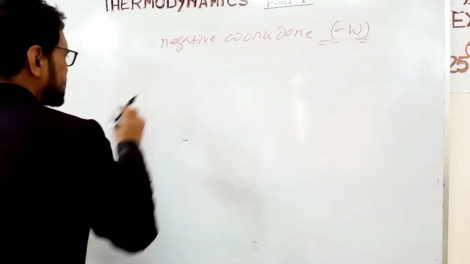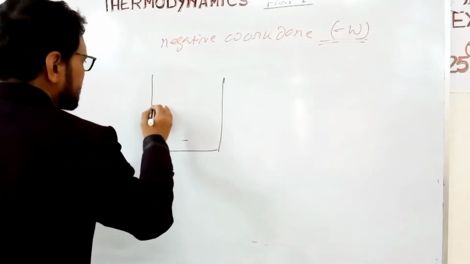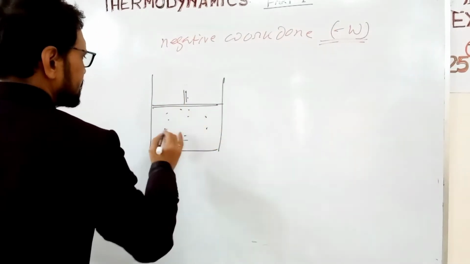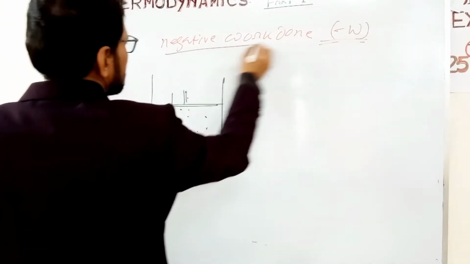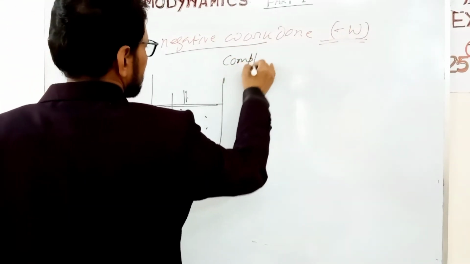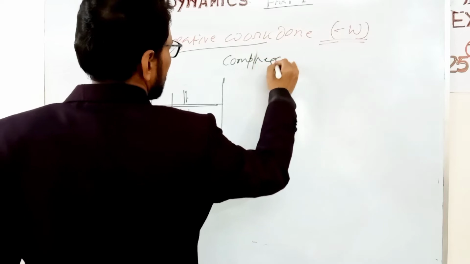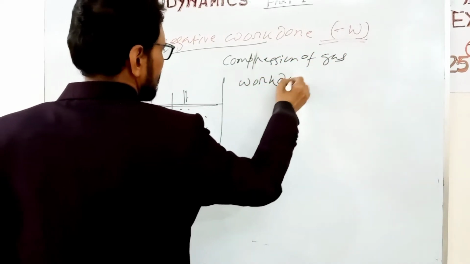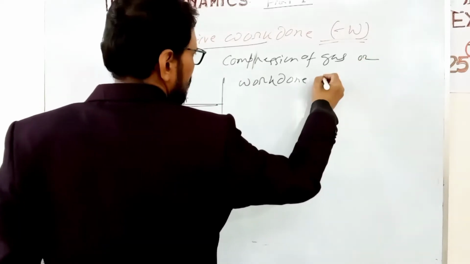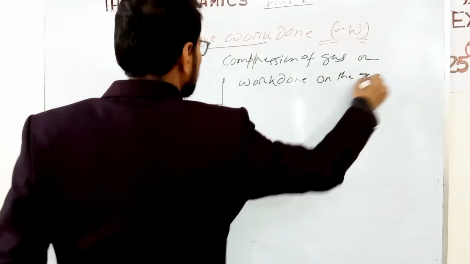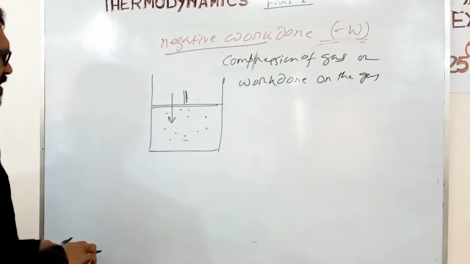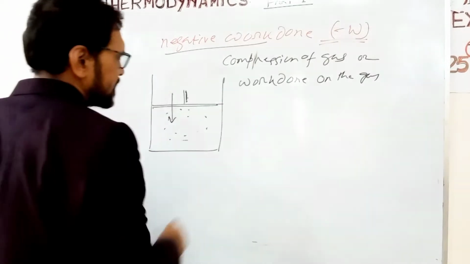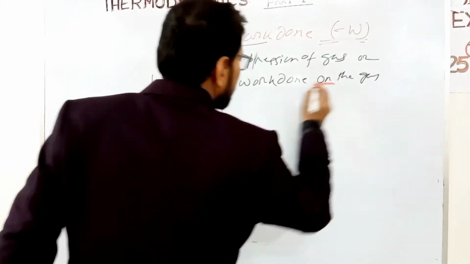What is negative work done? Suppose this is a cylinder and this is a piston, and when we compress the gas, that is compression of gas, that is work done on the gas. When we compress the gas, some external force is applied on the gas; it is called work done on the gas.